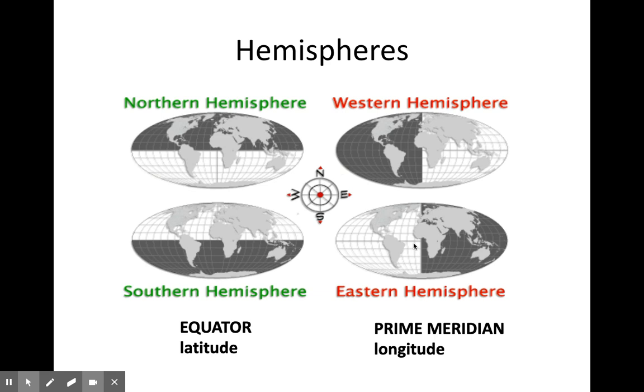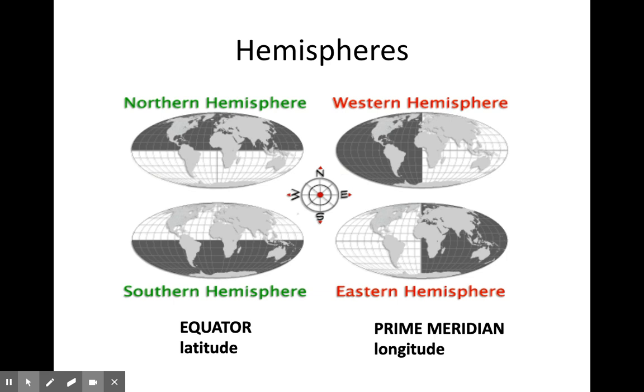And when I think of longitude, I think of vertical, up and down, because when you're measuring distance and you're getting the vertical of something, it's going to be long. It's a good way for you to remember. So latitude goes horizontal, longitude goes vertical. Equator is a latitude line. Prime meridian is a longitude line.